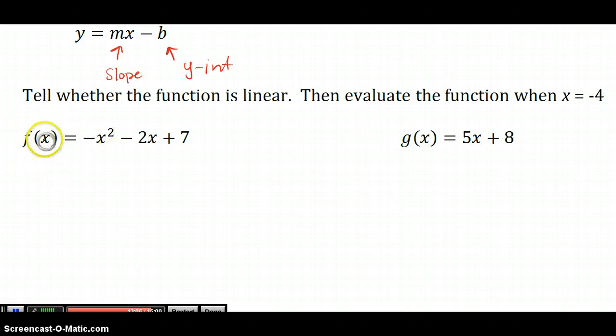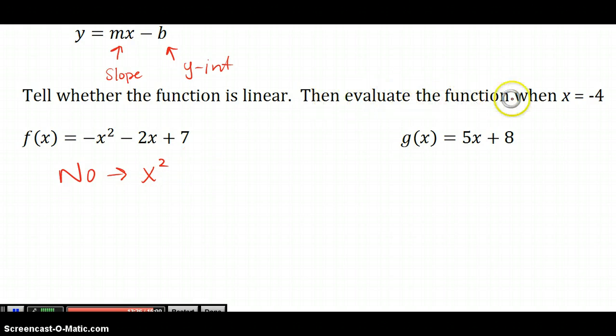So if we look at this first one, f of x equals negative x squared minus 2x plus 7, is this linear? Well, no, it's not, because it has an x squared term. And linear does not have x squared, it just has a number times x and then plus or minus a constant. So no, it's not.